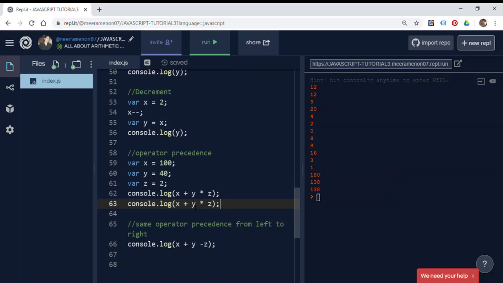Okay, let's do it this way. Let's beat it by putting a bracket here. Okay, now let's see what happens.